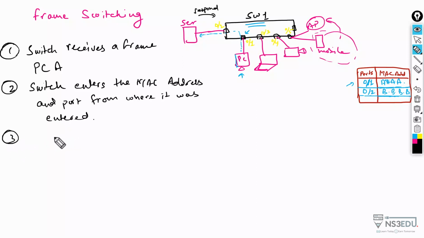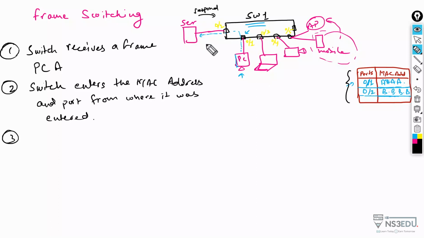The third thing the switch is going to do is, if it has already learned the MAC addresses and the interfaces, then it will forward that packet or that frame directly to that interface. For example, let's assume that this table was already there in the switch. The switch has already learned these two MAC addresses, and it has also learned the interfaces that are being used at the moment, right?